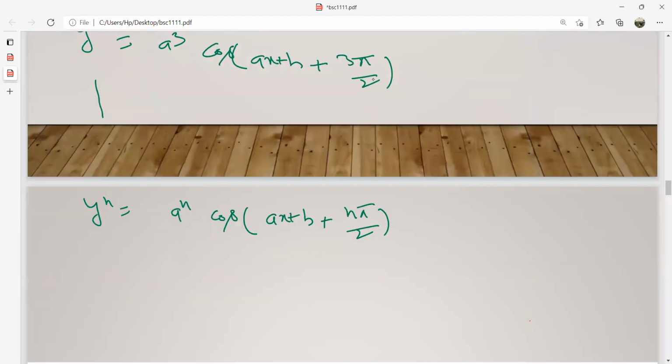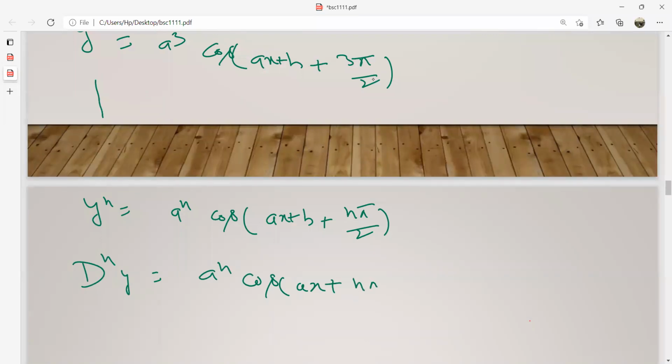So this can be written in the form of d to the power n y equal to a to the power n cos of ax plus b, plus n pi by 2.